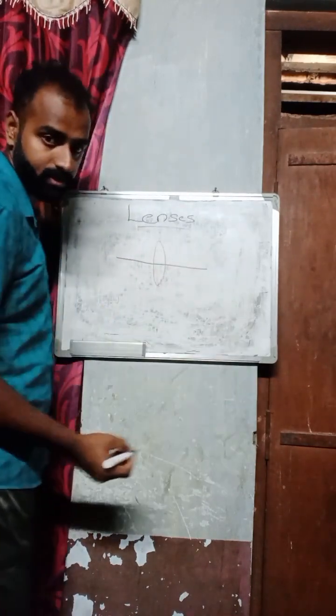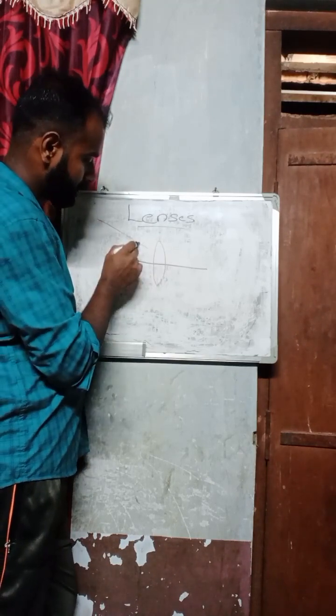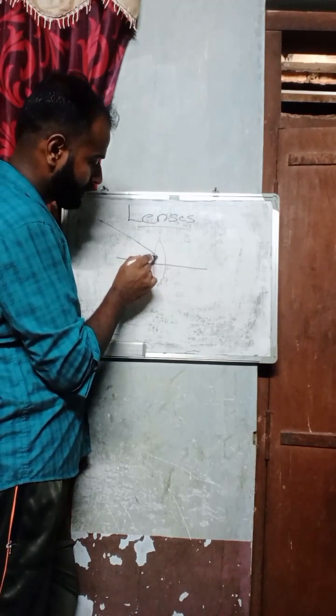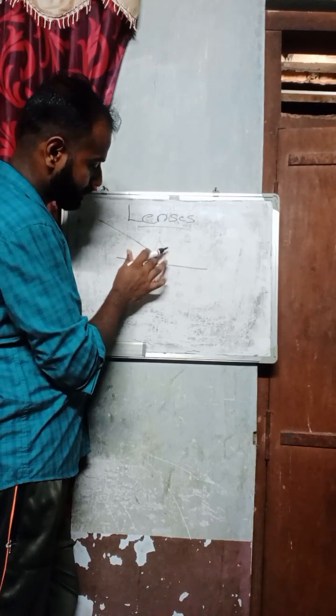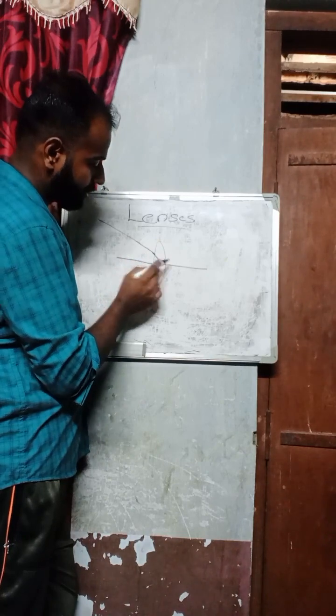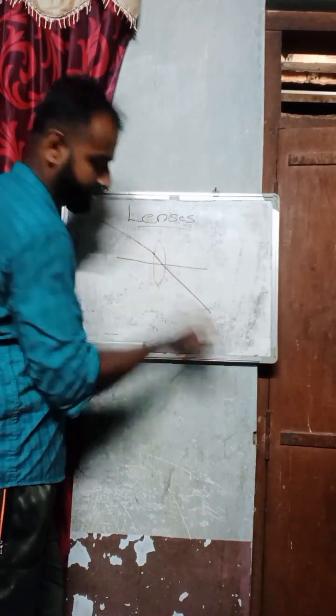This is my principal axis. Light rays are coming in this direction. This is my light ray direction. After refracting from the first surface, and after refracting again, it is passing parallel to the light rays.